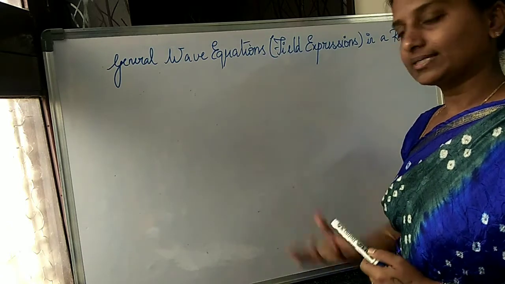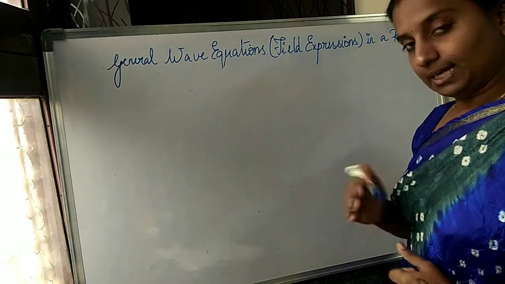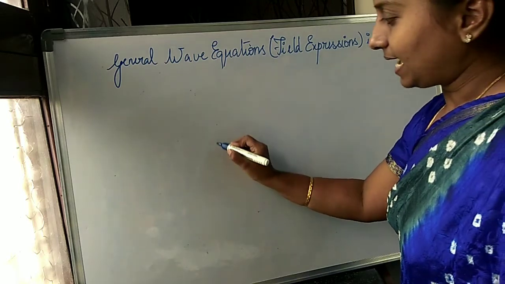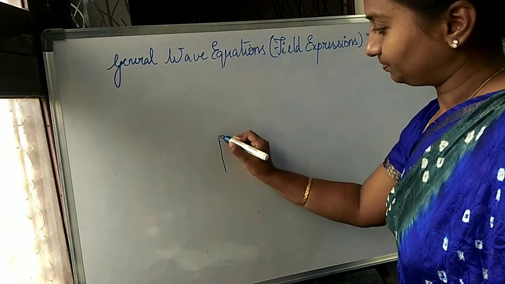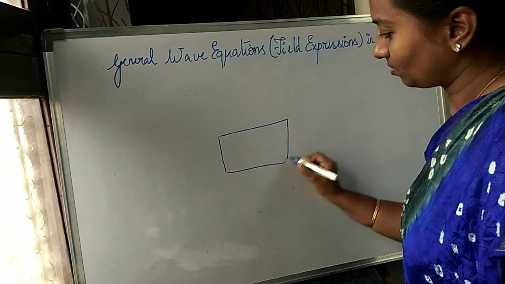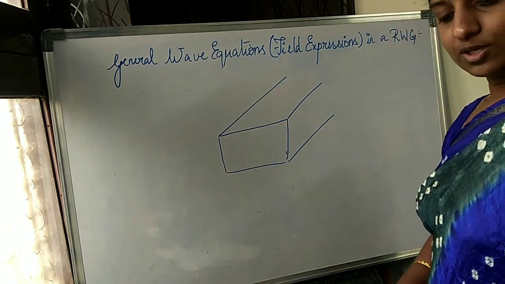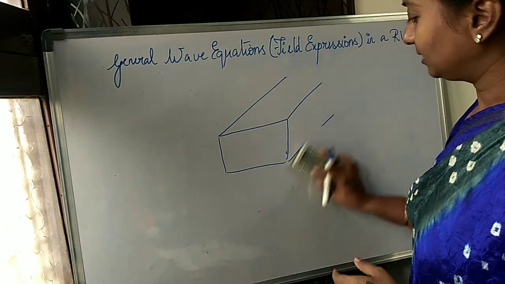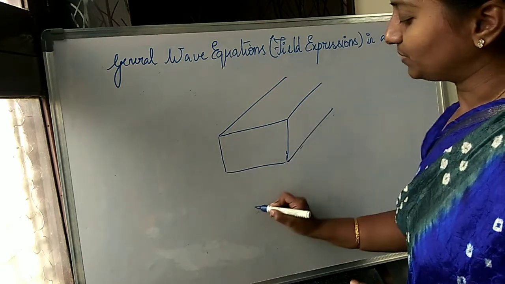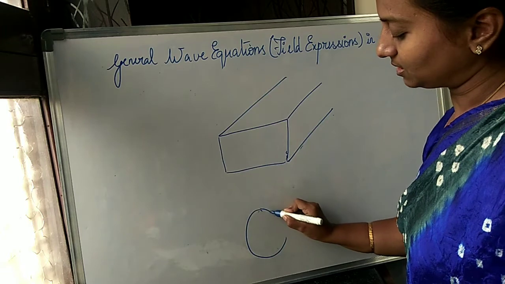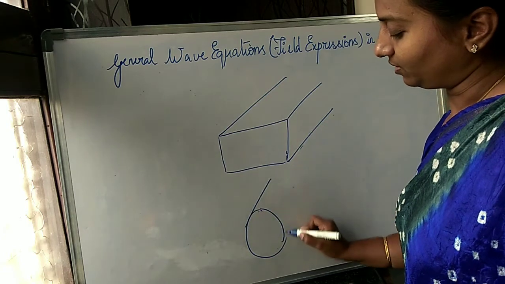Okay, so a rectangular waveguide, the name itself denotes that it has a rectangular cross section. If it is a circular waveguide, it means that the cross section is going to be circular, which means it is a cylindrical waveguide.